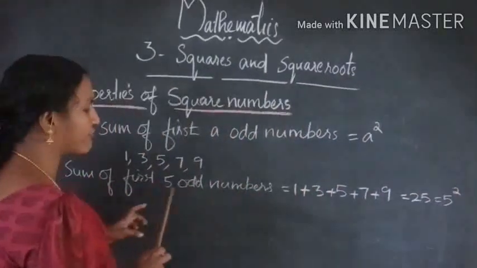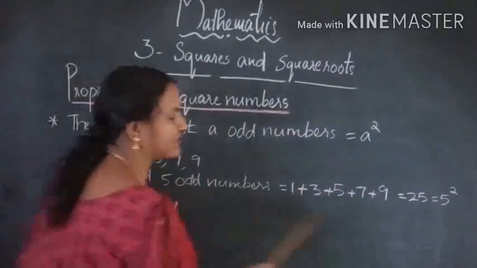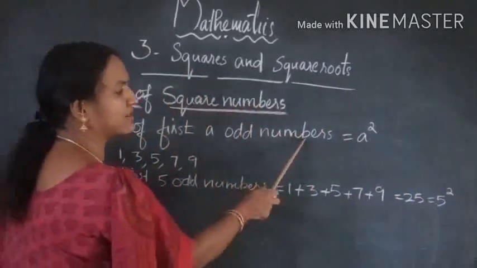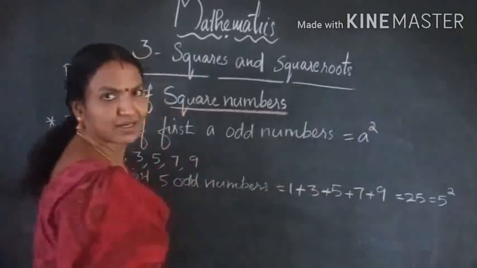So the sum of first 5 odd numbers is 5 square. So the sum of first a odd numbers is a square.